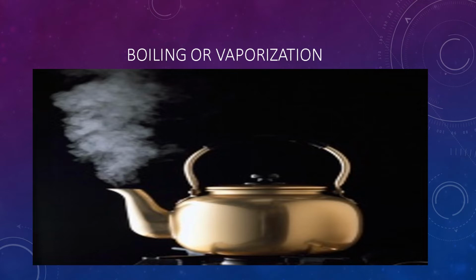That is, the liquid turns to gas. This process of conversion of liquid into its gaseous state at a particular temperature on heating is called boiling or vaporization. As I told you, it takes place at a particular temperature, and that temperature is known as the boiling point.